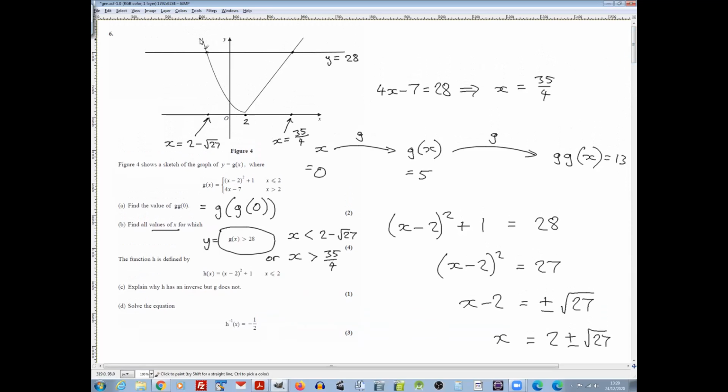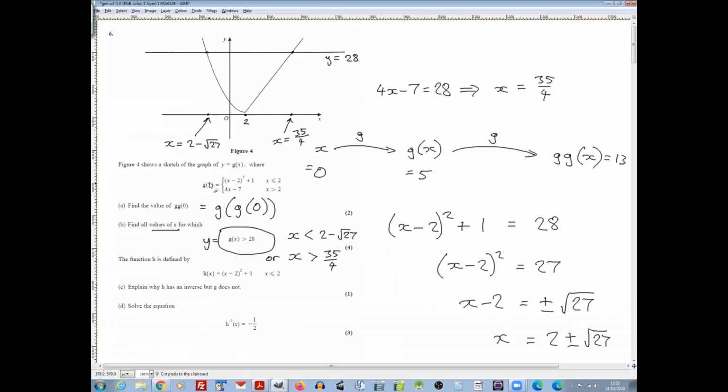It's implied, of course, that it goes off forever in the negative x and positive y directions. Which g is it talking about? g is still g. G has 2 parts, but h is just the first part of g.